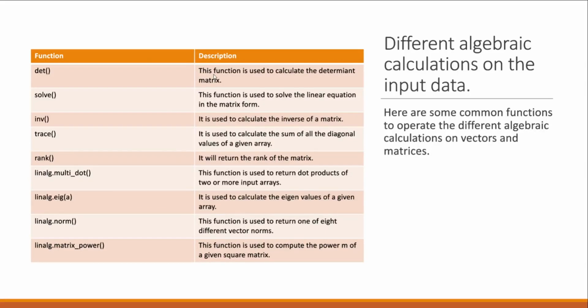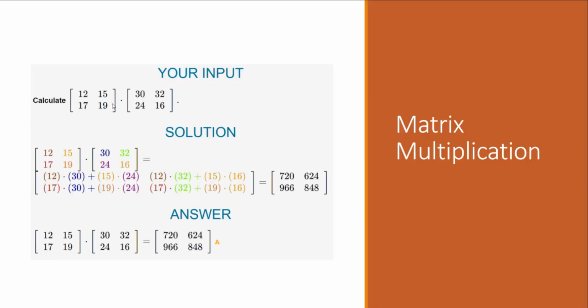Before using these functions on NumPy arrays, let us understand what exactly is matrix multiplication in Python. So this is the input array and it is considered as a 2 by 2 matrix. Now we have to multiply these two matrices. So generally it can be multiplied by first row and the first column.